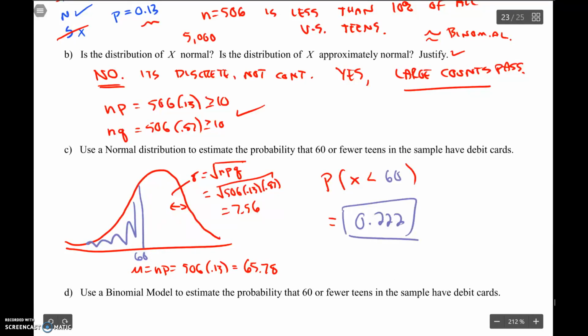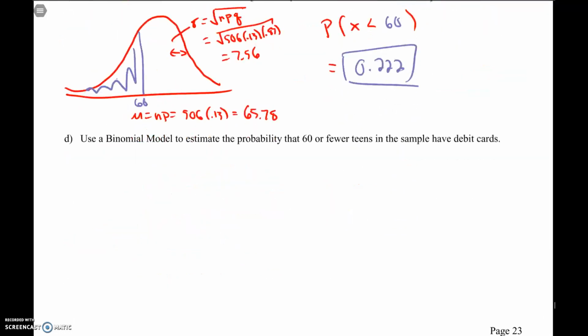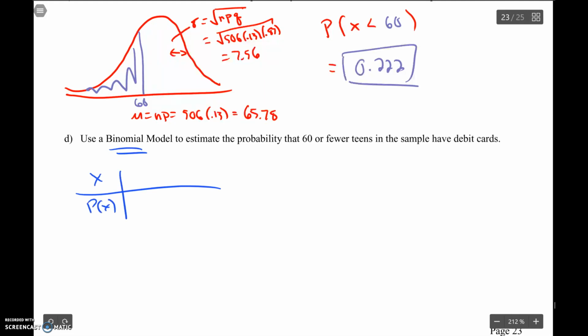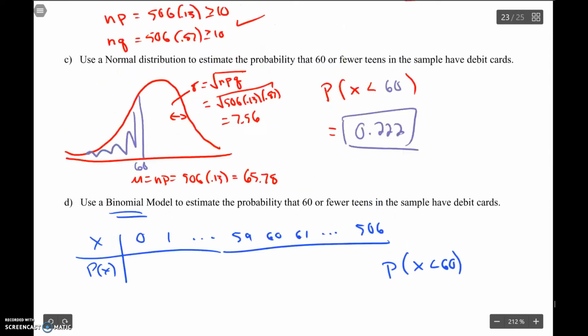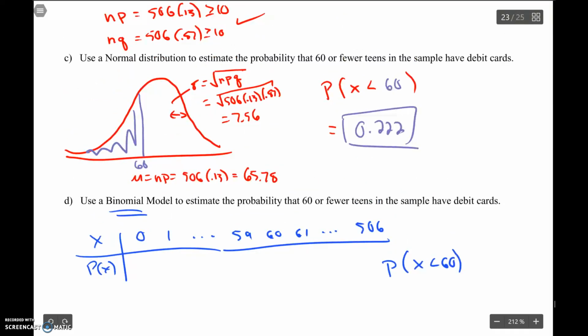Now, this was a normal approximation to the binomial. Let's actually use the binomial. Okay, so the number of successes, now it's discrete: 0, 1, up to 59, 60, 61, all the way up to 506. These are all the outcomes. I want the probability that x is 60 or fewer, less than or equal to 60. Here it doesn't matter because it's a continuous model.